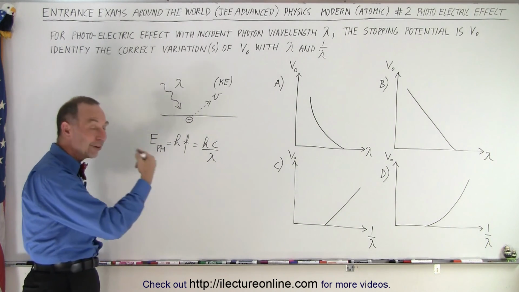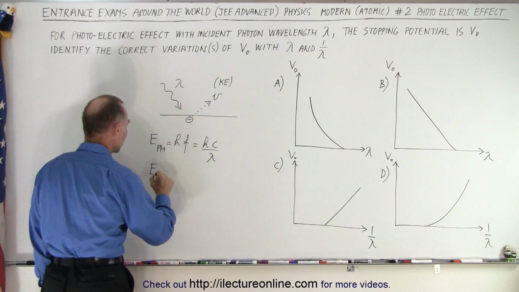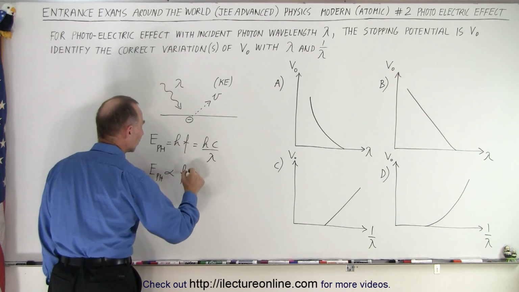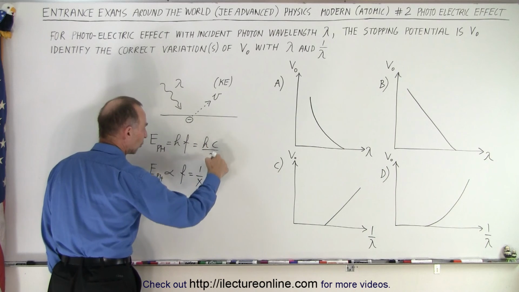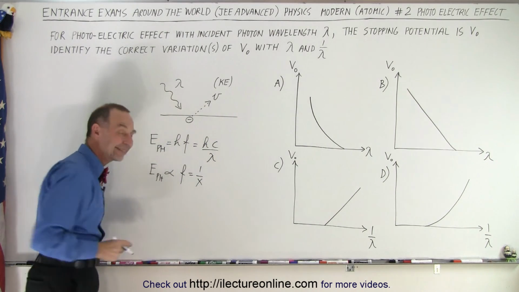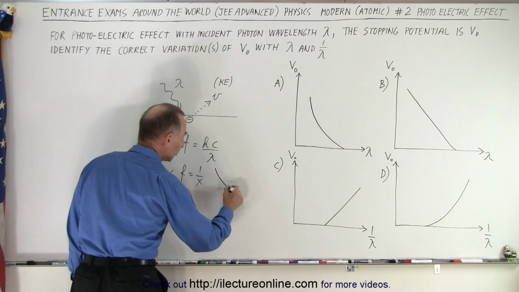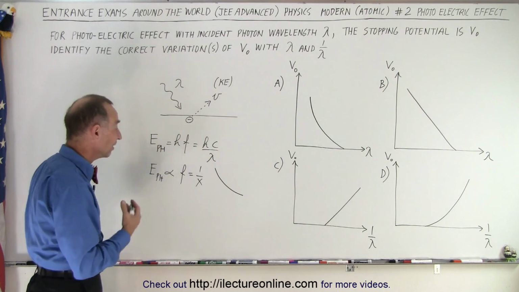It's a 1 over x kind of relationship. The energy of a photon is proportional to 1 over the wavelength, so the energy of the photon looks like this relative to the wavelength.